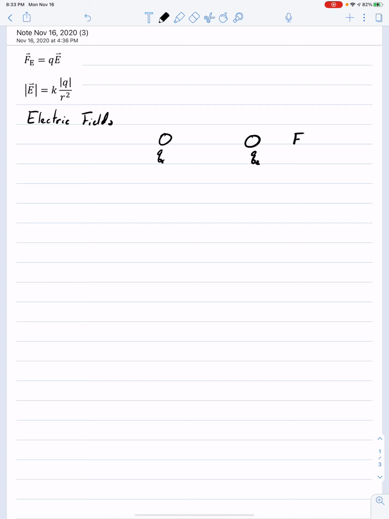We understand that the electrostatic force is equal to Coulomb's constant times charge 1 times charge 2 over r squared, where r is the distance between charge 1 and charge 2. And these are absolute values.